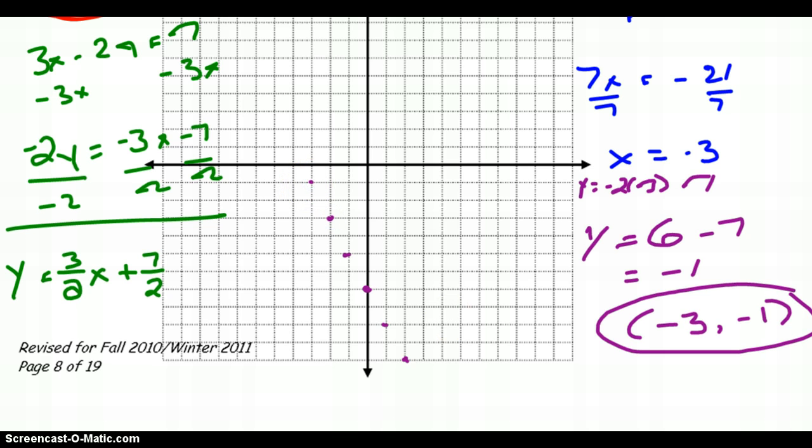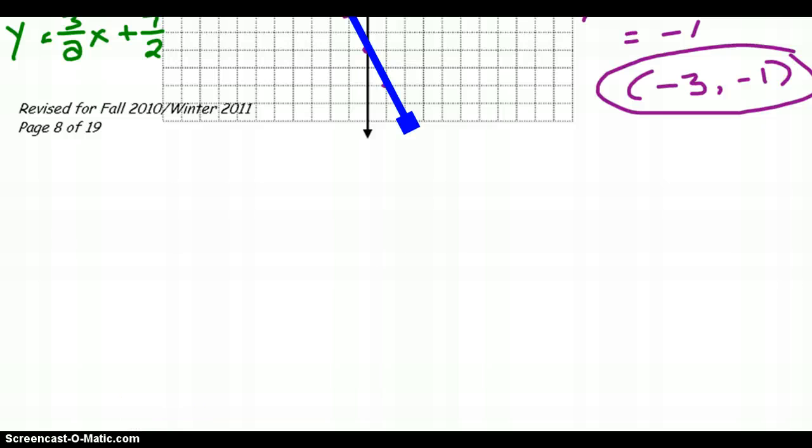I'm going to connect those with a blue line. Awesome. Okay. Looks like that's my line. And this one, that's going to be harder to graph with that 7 halves. So let's try finding a different ordered pair. Let's try using x equals 1.